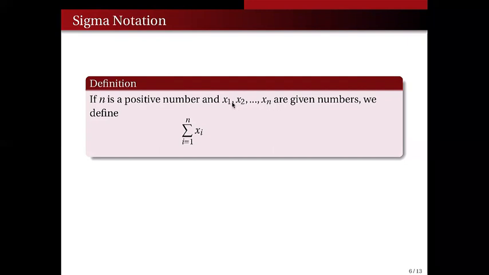So if x1, x2, and xn are given numbers, then we will define this symbol here to be x1 plus x2 plus x3 until plus xn.